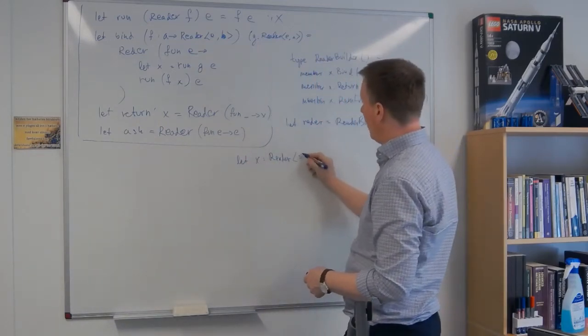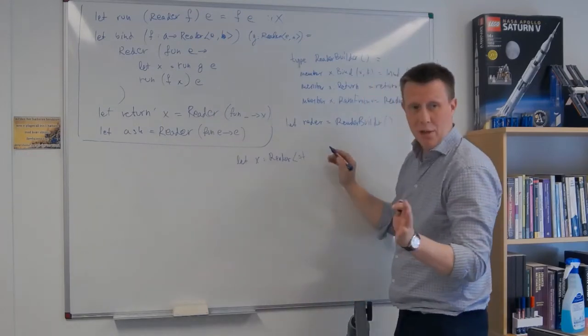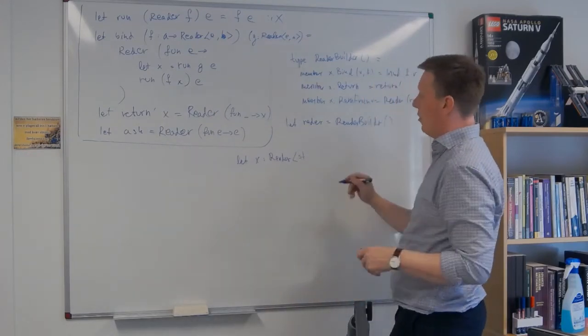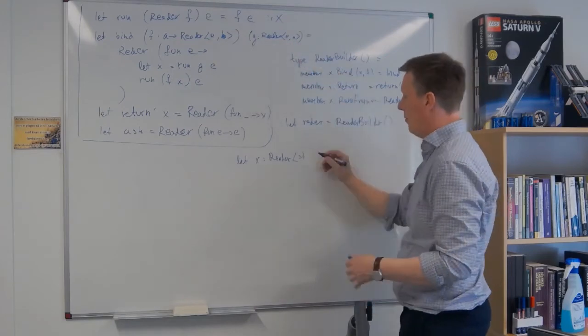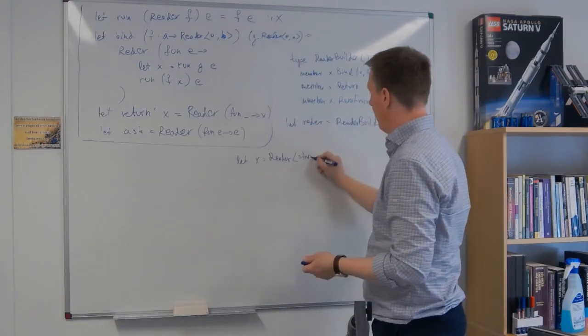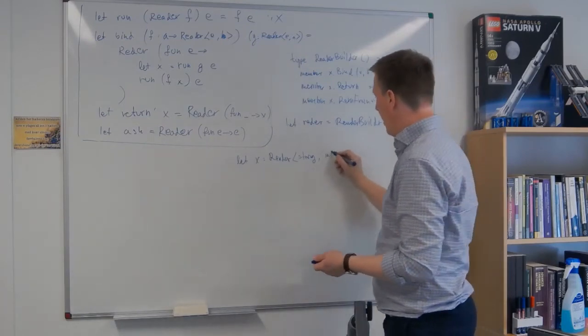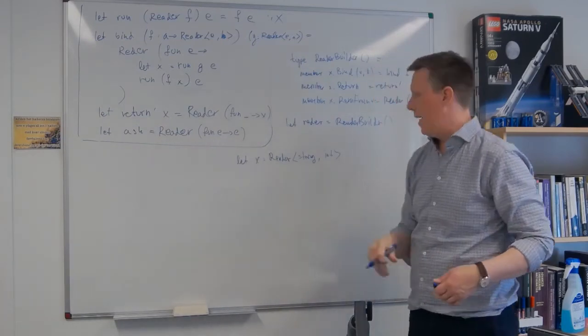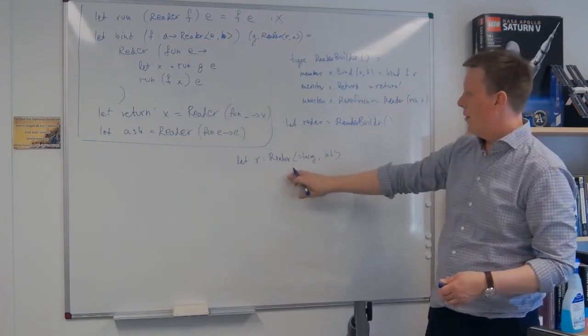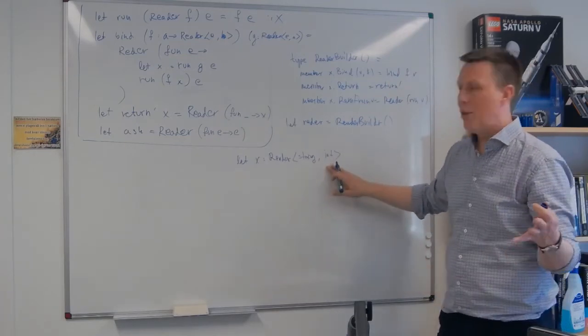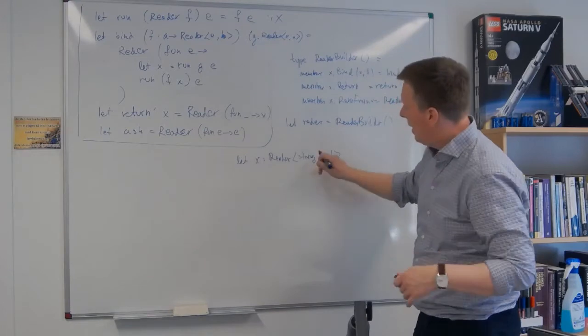The environment is, in my case, just going to be a string. We're just going to use a string instead of this option type. A simple environment, string, and then some int. So this is going to produce a reader which contains some int. I'm going to do a computation producing an integer in the environment of a string.